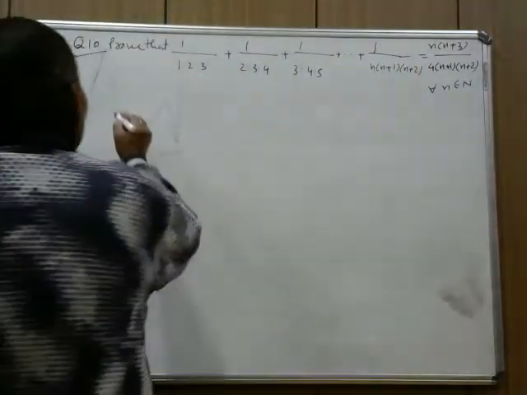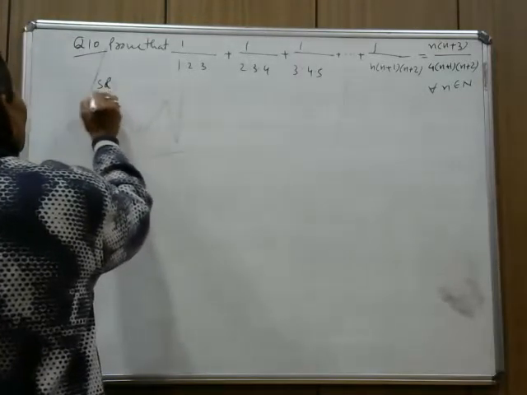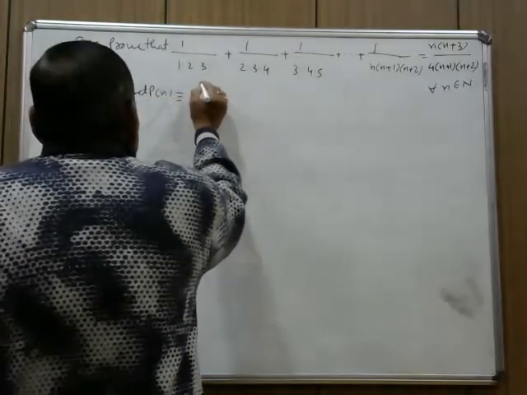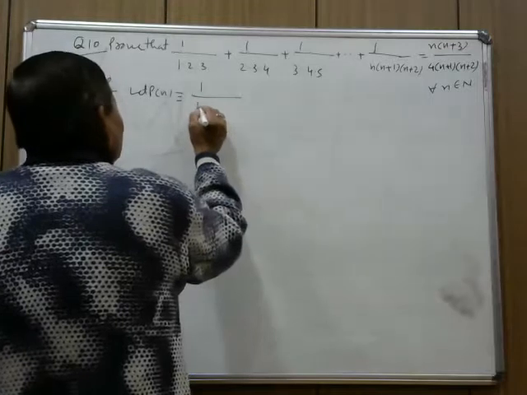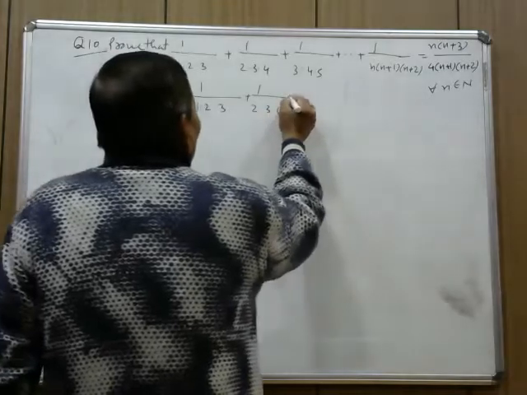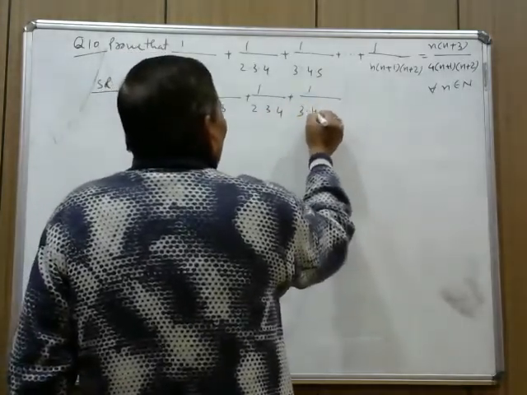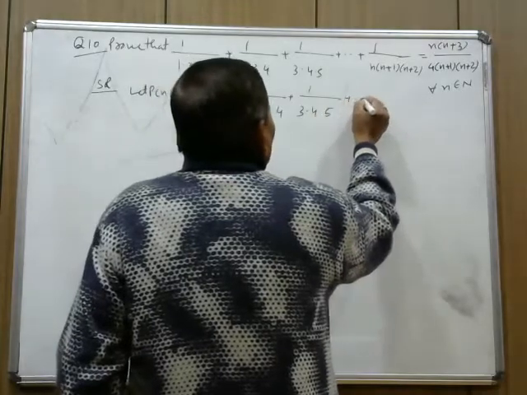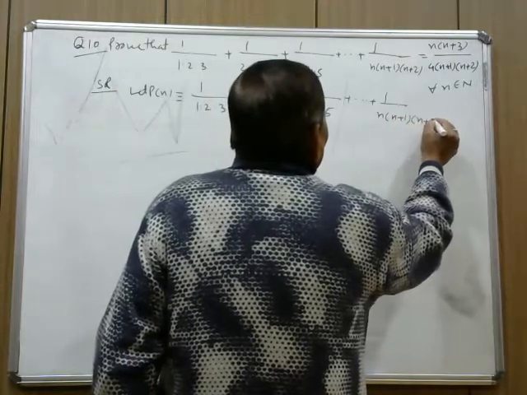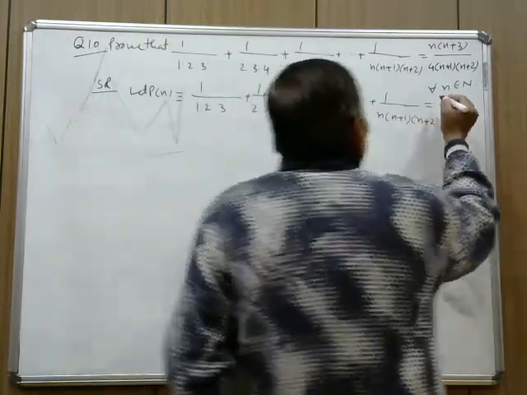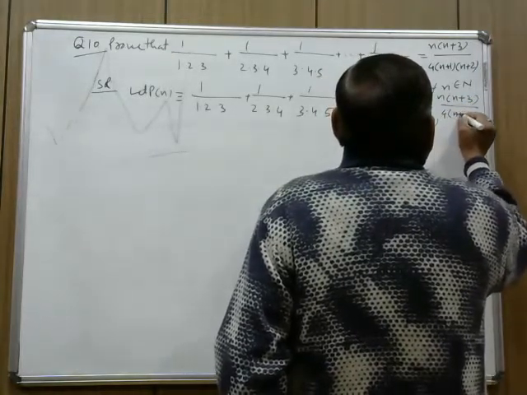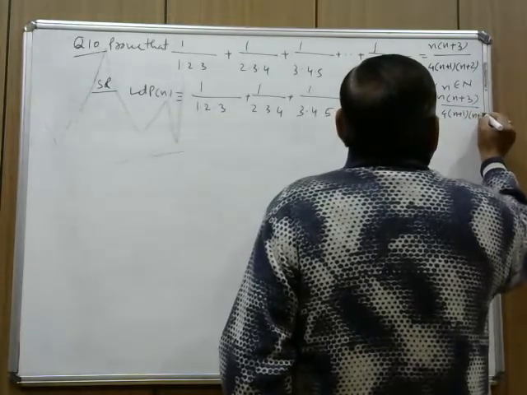So now, solution. Let P of n equal to 1 upon 1 into 2 into 3 plus 1 upon 2 into 3 into 4 plus 1 upon 3 into 4 into 5 plus ... plus 1 upon n into n plus 1 into n plus 2, that is equal to n into n plus 3 upon 4 into n plus 1 into n plus 2.